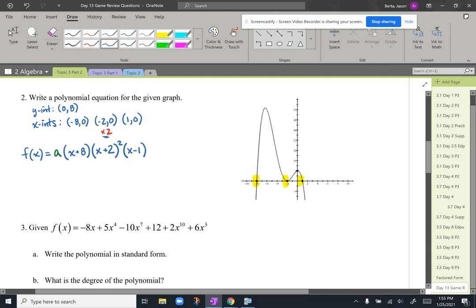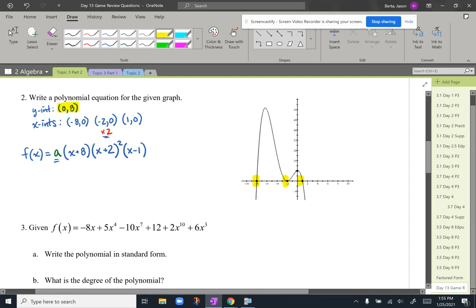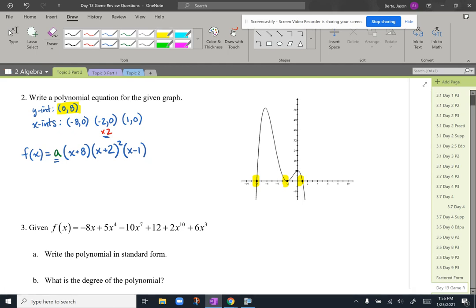So now, how do I figure out what a is going to be? Well, I need to plug in 0 because I know that when I plug in 0 for x, the output's going to be 8. I know that because I've identified the y-intercept.